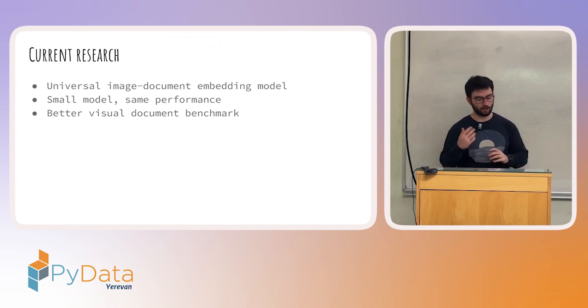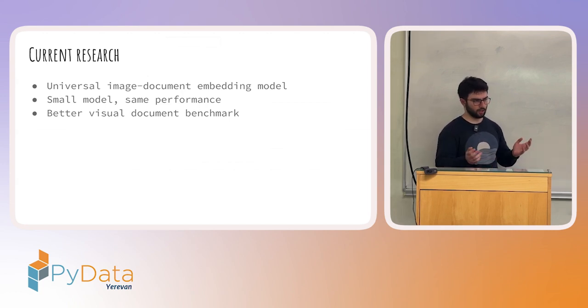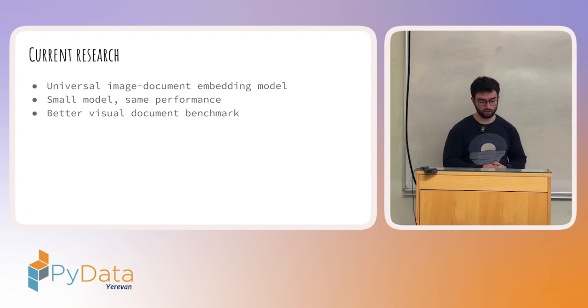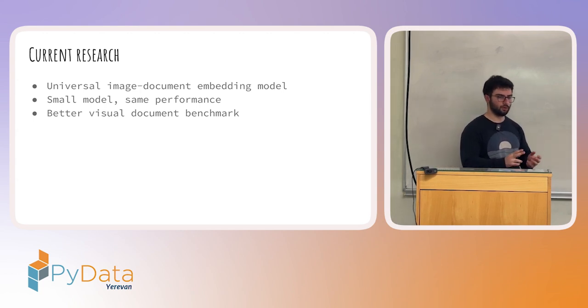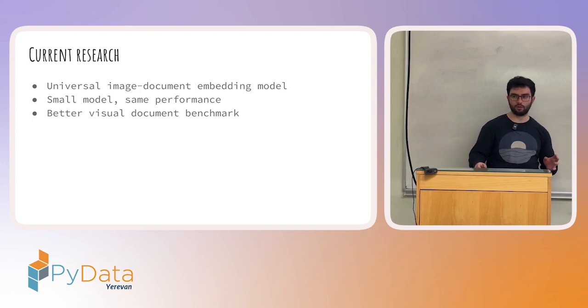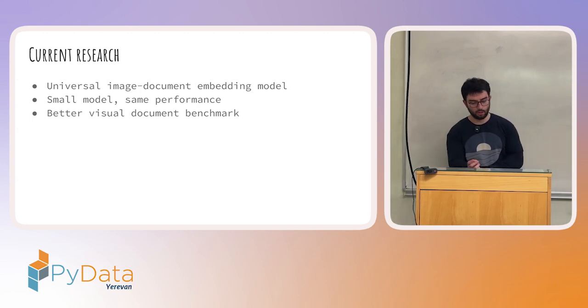For other images, like images of cats or dogs, our model is not good enough. Retrieving normal images is not working. So one goal is to have a universal image and document embedding model, which will work both with documents and with images from the real world. One model which is doing it all.